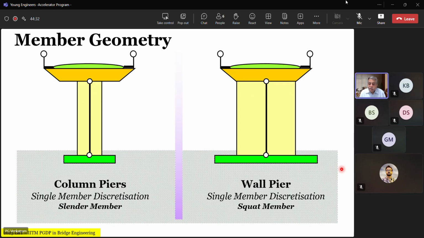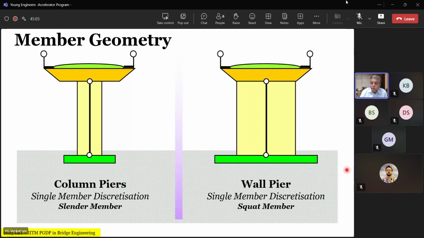Is there any difference in their stiffnesses? Yes or no? So what's the difference? It is more because of the I value for it.